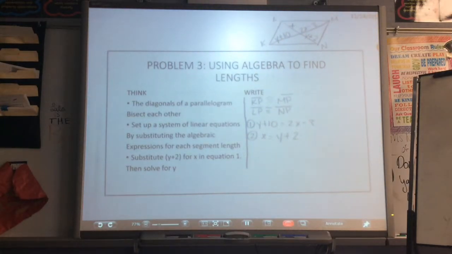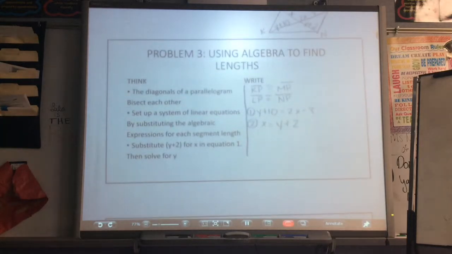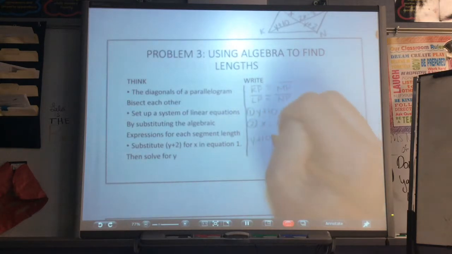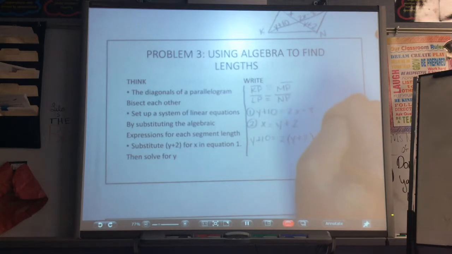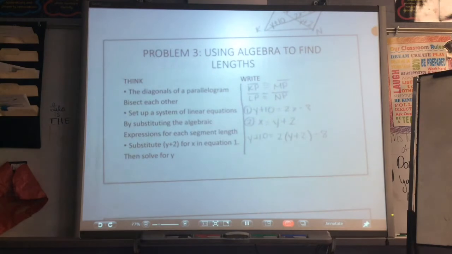So the third thing that we have to do is substitute y plus 2 for x in equation 1. Then we have to solve for y. So what we're going to do is y plus 10 equals 2, in parentheses, y plus 2 minus 8. Just plugging it in.